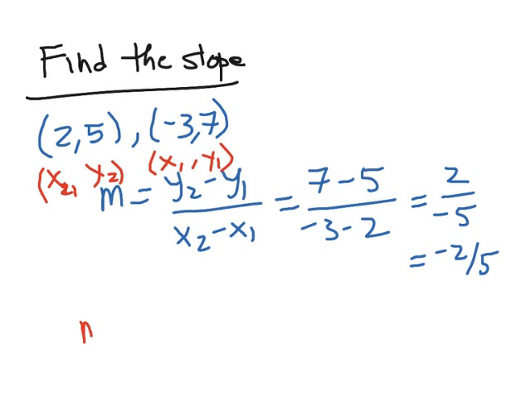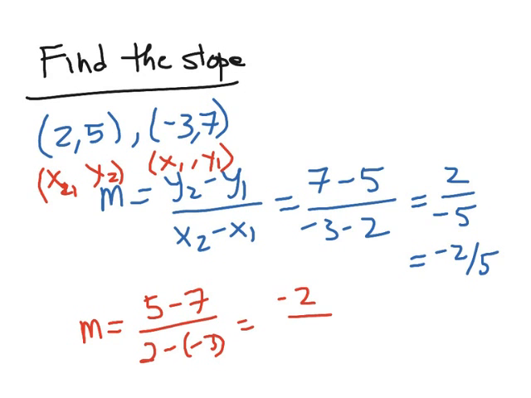So now my slope is 5 minus 7 divided by 2 minus negative 3. So I would get negative 2 over 5. 2 minus negative 3 is 2 plus 3, that's 5. So I just wanted to do that to show you that it doesn't make a difference which one you call x2 and which one you call x1, as long as you're consistent throughout the formula.